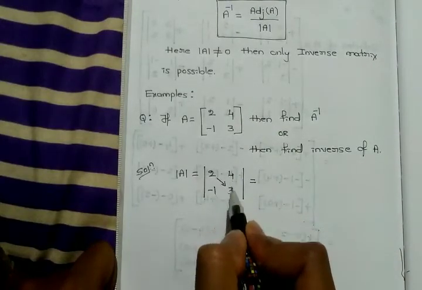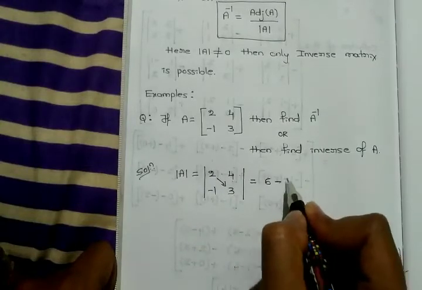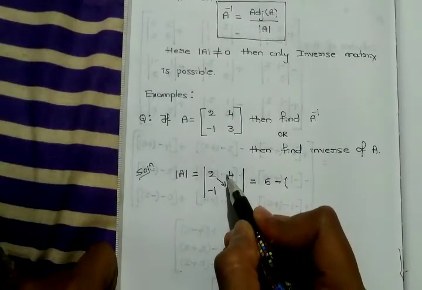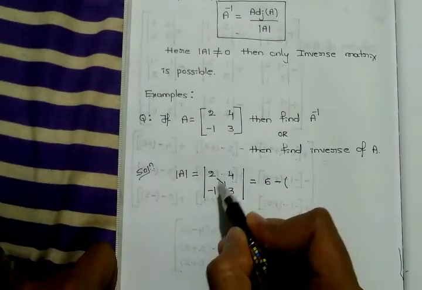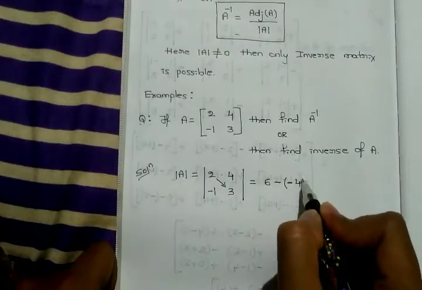So cross multiply. These two you multiply first, 2 into 3 is 6. The middle always has a minus sign, again in bracket. See here, negative sign and here positive sign, multiply the signs first: minus into plus is minus, 1 into 4 is 4.